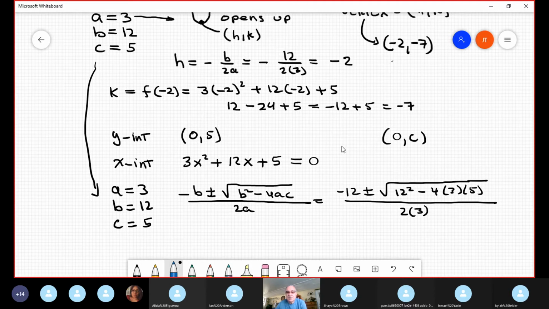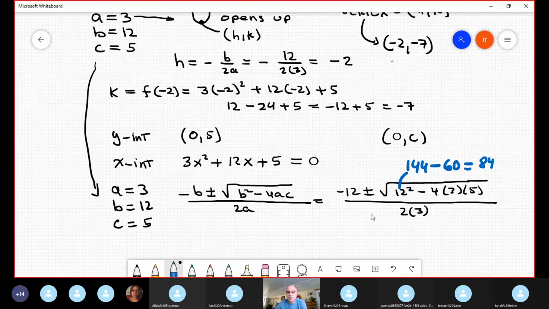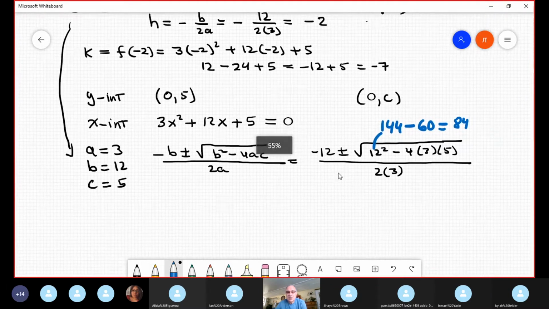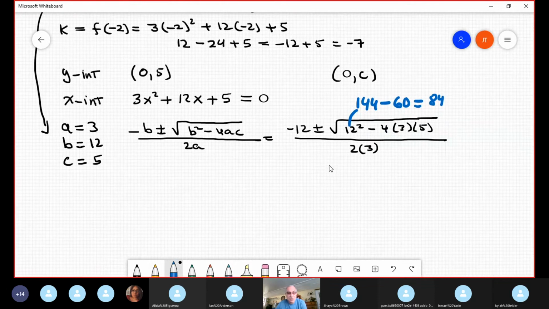The part inside the radical is 144 minus 60. 4 times 3 is 12, times 5 is 60. When you subtract, the answer is 84. Unfortunately, 84 is not a perfect square. That's okay, that means our solution is irrational. And don't worry, because we use a calculator.